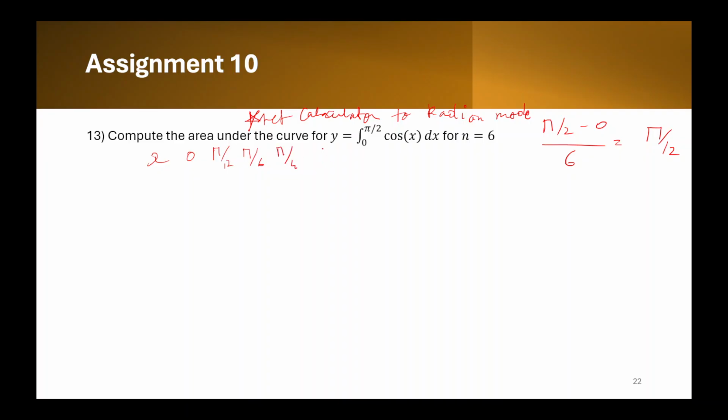Pi by 4 plus pi by 12 will be pi by 3. Then pi by 3 plus pi by 12 will be 5 pi by 12. And then 5 pi by 12 plus pi by 12 will be pi by 2.